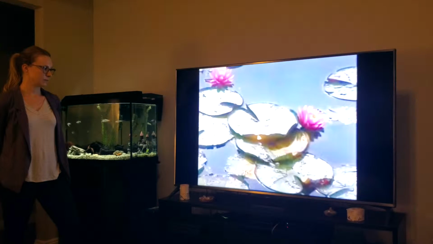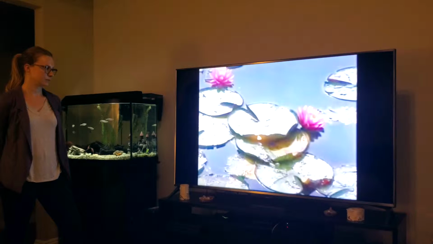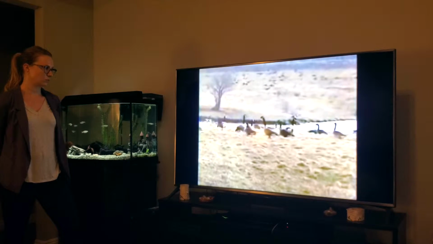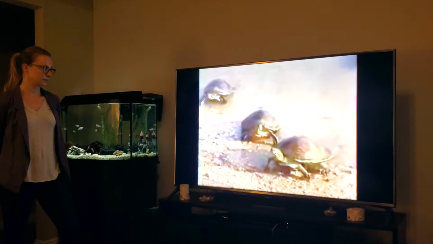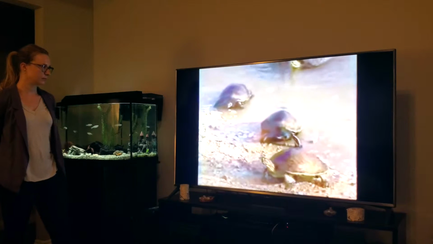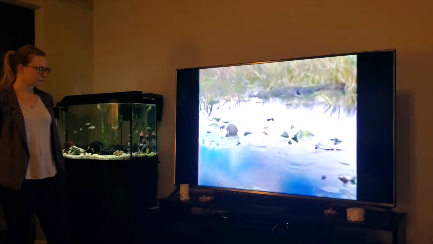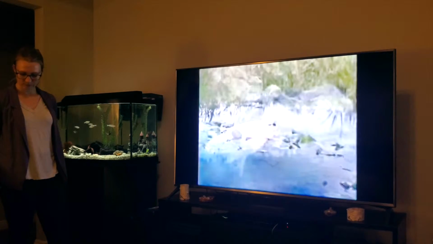For example, the water lilies in this pond make up a water lily population, and the geese in this field make up a population, as do the turtles in this pond. Rarely in nature is a single population of organisms the only population in a place.